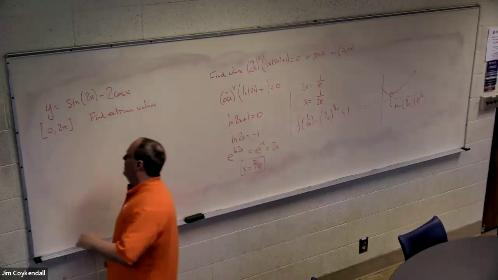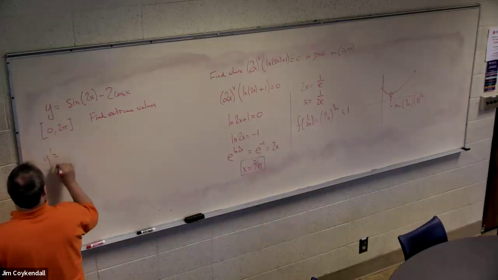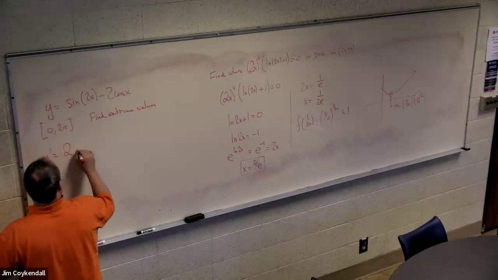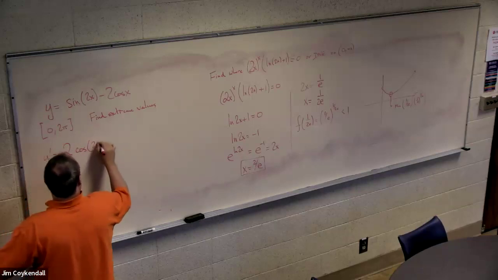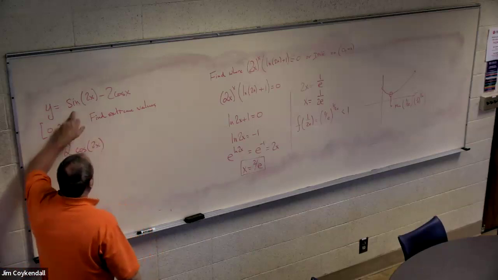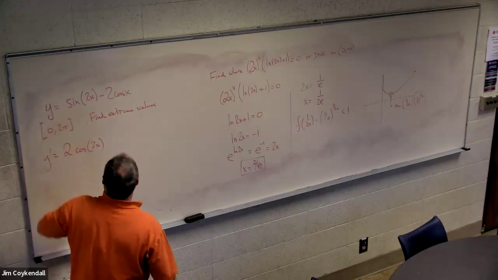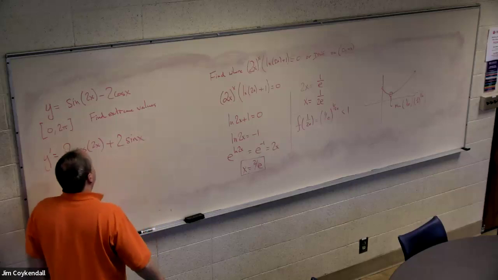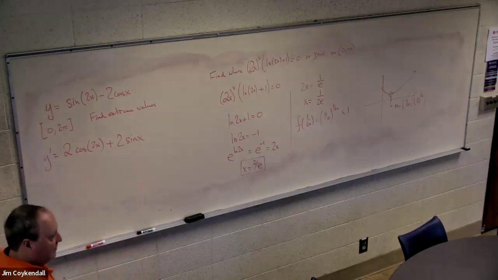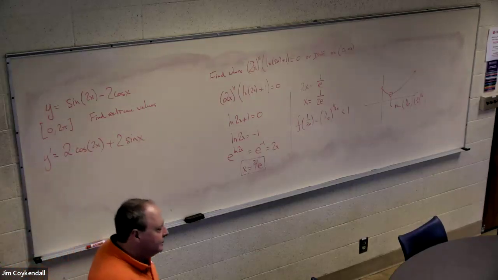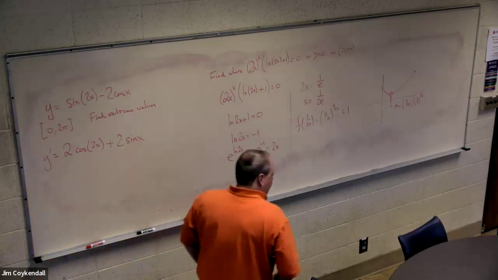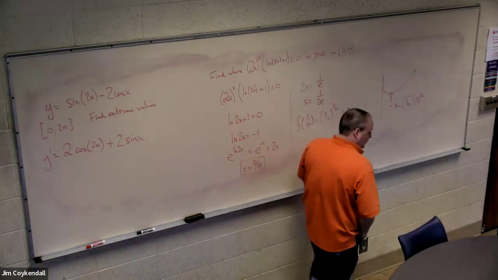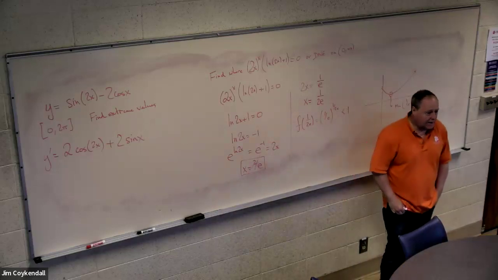Step 1: take the derivative. The derivative is cosine of the block times the derivative of the block. The derivative is minus 2 cosine of 2x plus 2 cosine x. The derivative is easy again.